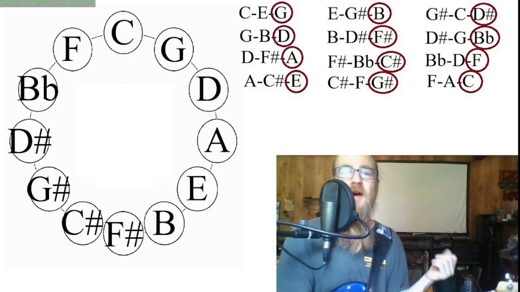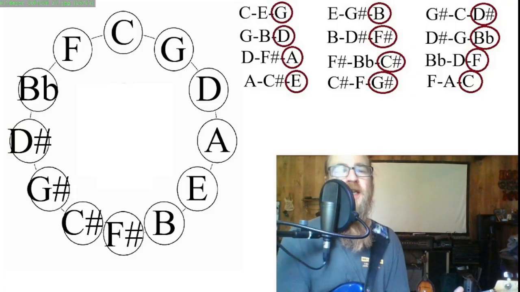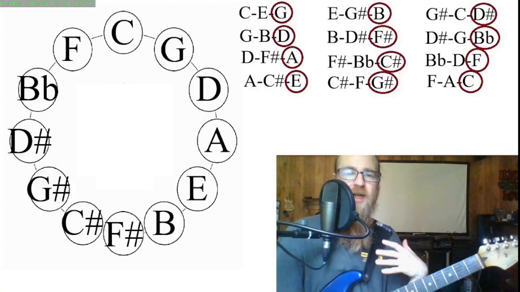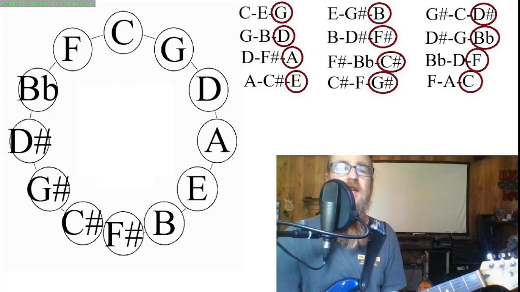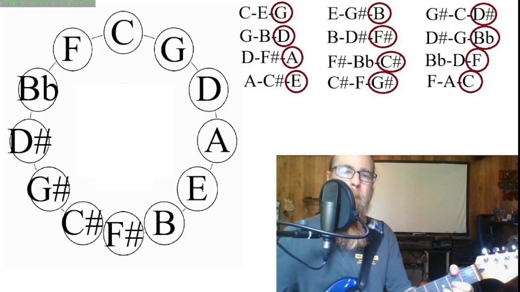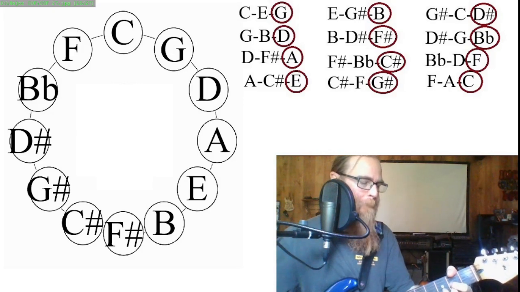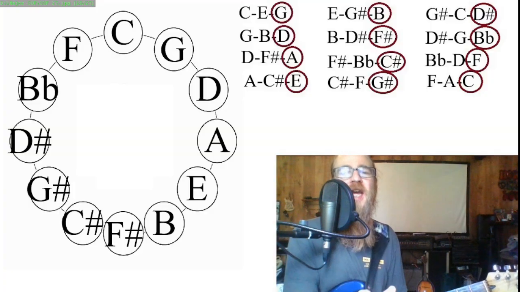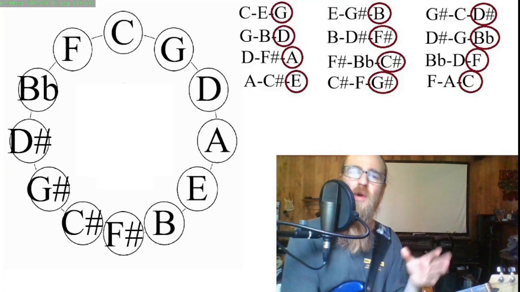So the way you really use this is you can figure out what chords they use in a song. Say D, A, and G, for example. And you're going to know that it's A, D, and G when you look at the circle of fifths because they're grouped together.